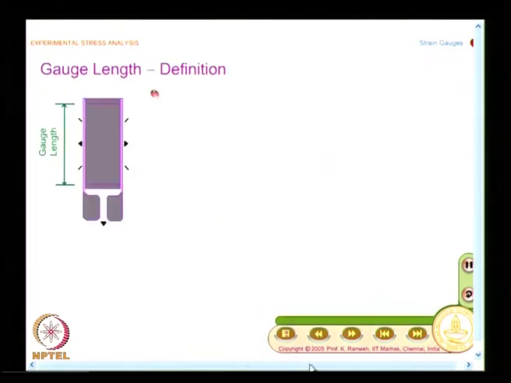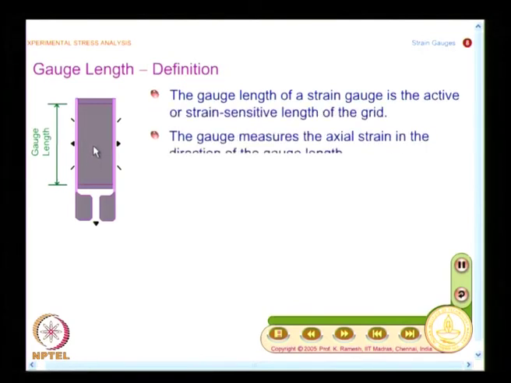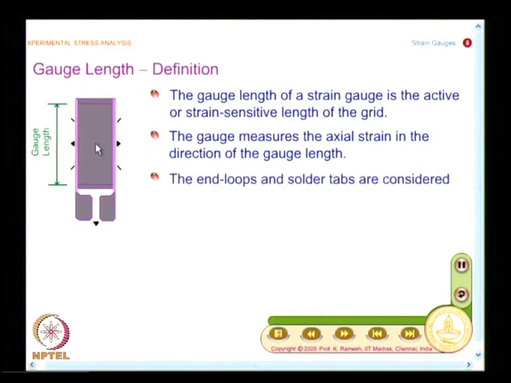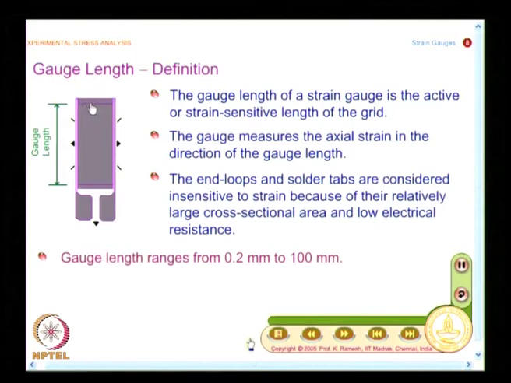And let us understand what is a gauge length, because this is a very important aspect, because I said you do not have a magic material which as a speck of material is able to measure strain. I need to have a finite length, and this is put in a grid form, and the way it is manufactured, we ensure that it is primarily responsible for measurement of strain along the gauge length, because you make the wire thin enough in that direction and you define effective measurement length here as gauge length.